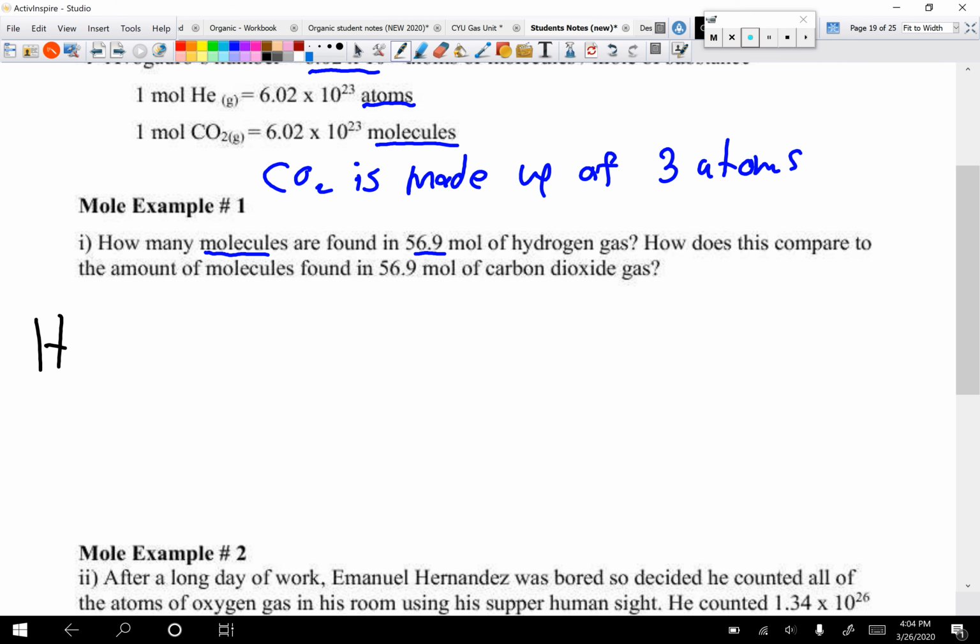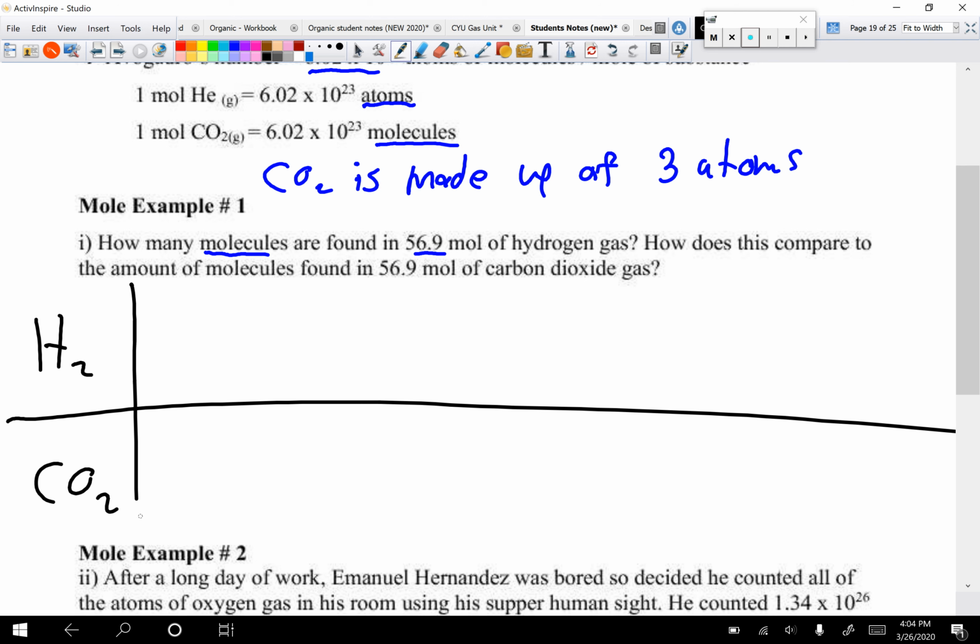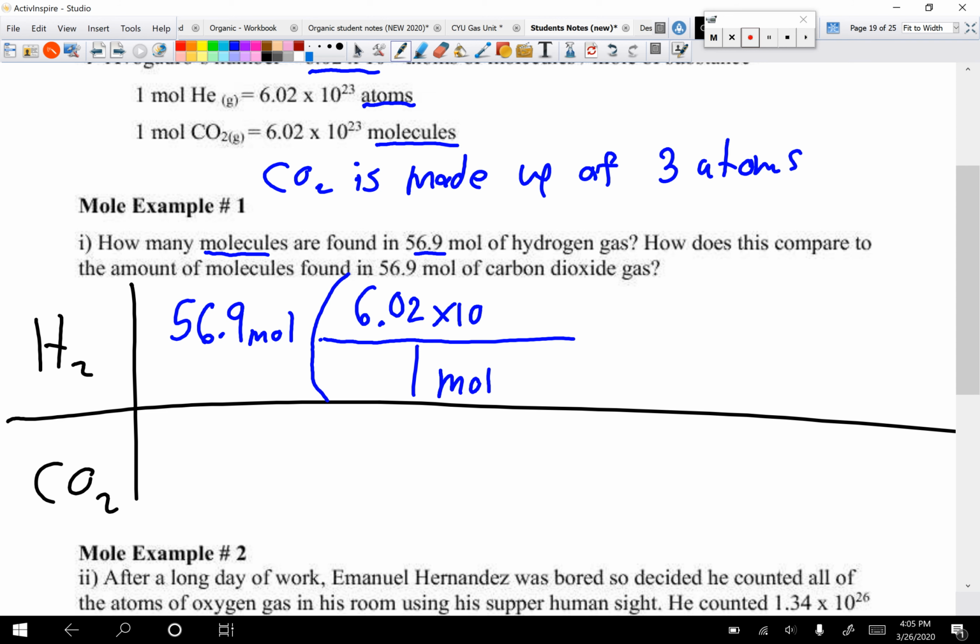So we're going to compare hydrogen and carbon dioxide. So I'm just going to split them up like this. Now for our hydrogen, we're starting with 56.9 moles of hydrogen. Now we are going to use our conversion factor, which is going to be Avogadro's number. So we are trying to get rid of moles. So in Avogadro's number, we know for every 1 mole, there's 6.02 times 10 to the power of 23 molecules.